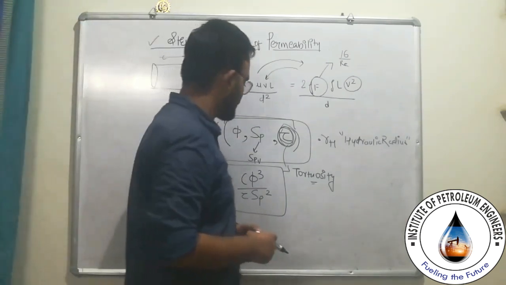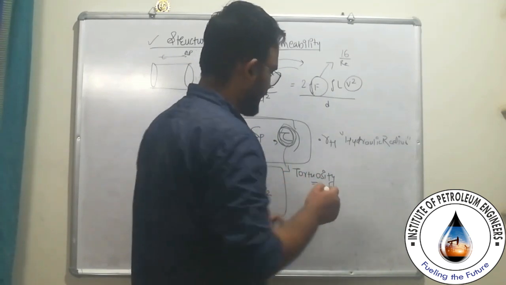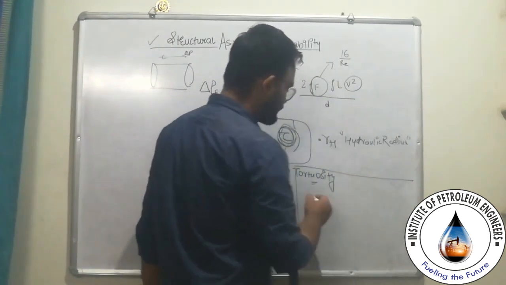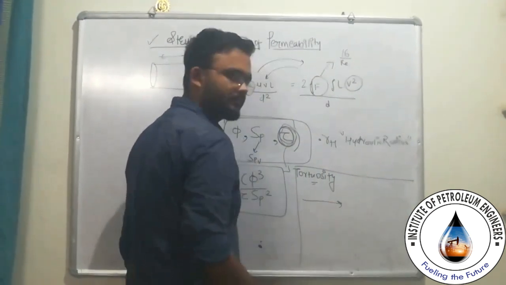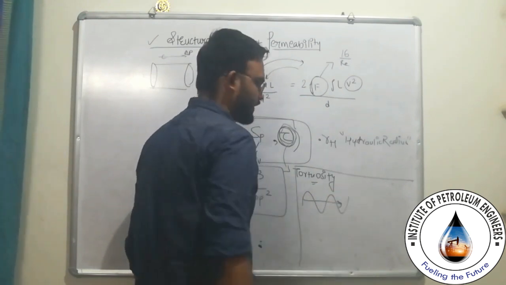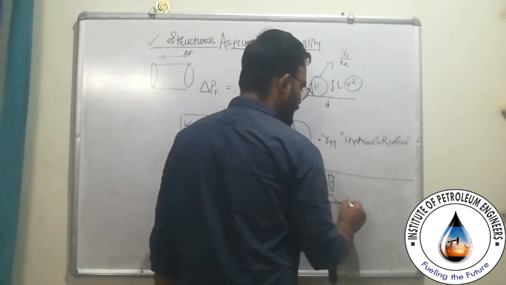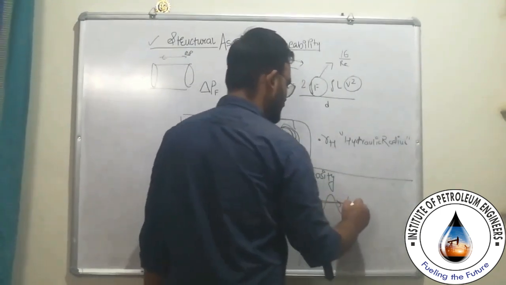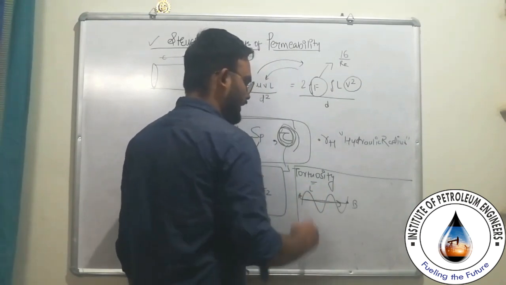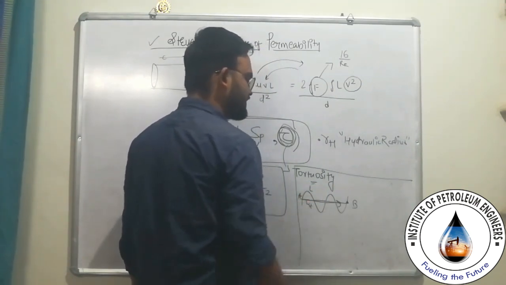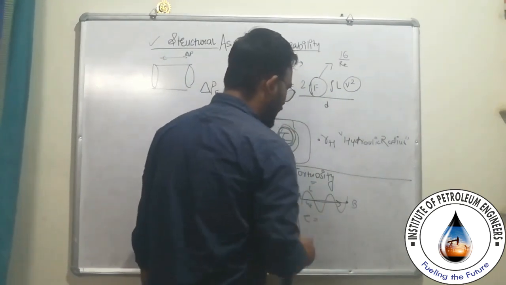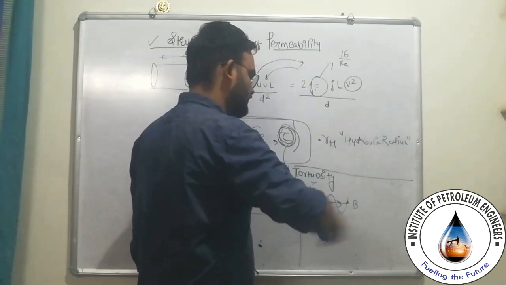So let's move forward. This is what we are going to discuss, and just to explain what tortuosity is: fluid will never flow like a straight line in the rock surface, right? Fluid will always flow like this. So for moving from point A to B, if the actual path length is L and the straight path length from A to B is L straight, more of a displacement, then tortuosity is a measure of how deviated the flow path is from the straight line path.